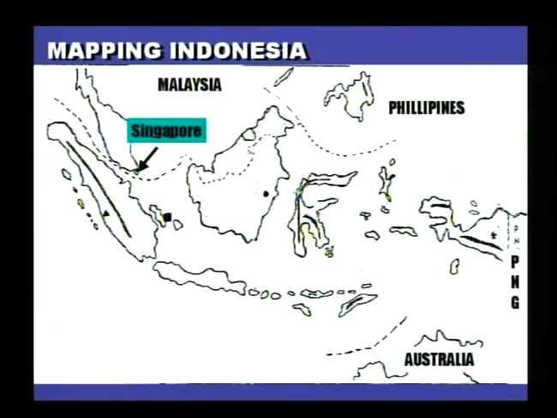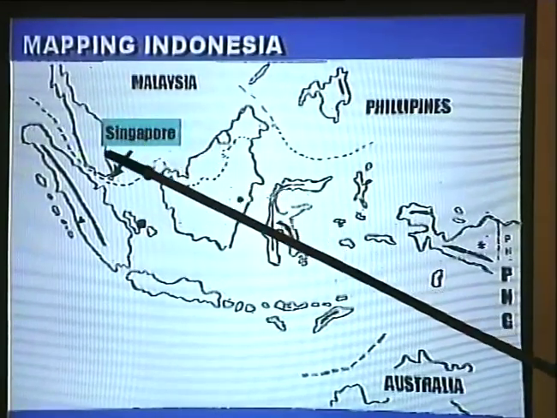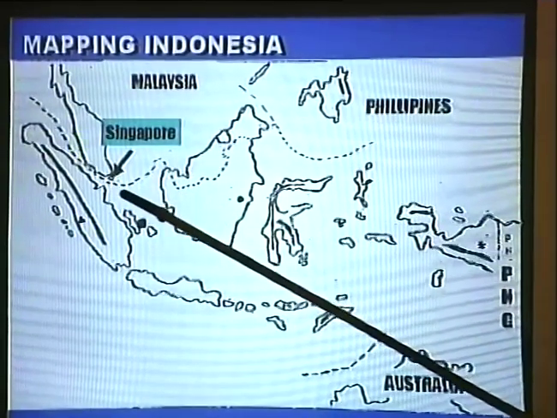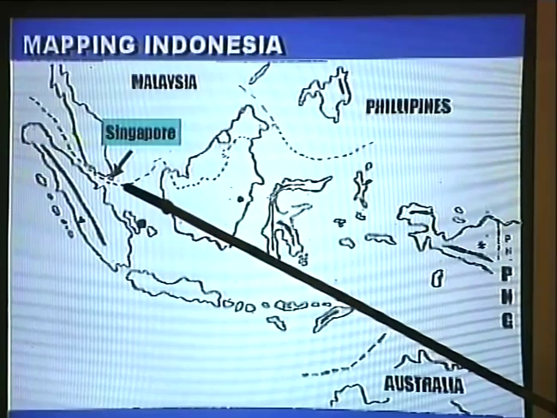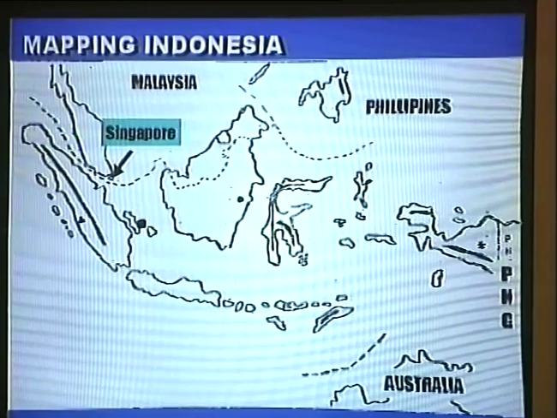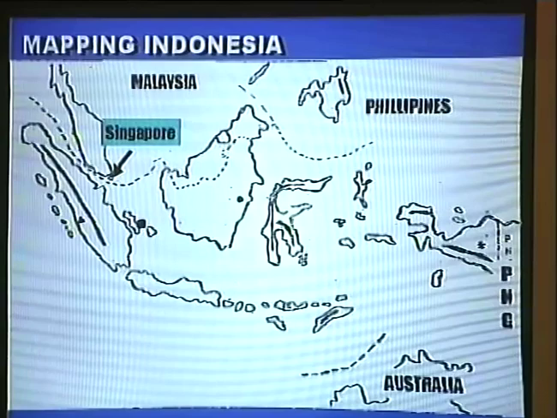Okay, and finally, Singapore. The country Singapore is located here. It's at the most southern tip of the Malaysian peninsula. It's a small island here, at the southern tip of the country Malaysia. Also indicate that accurately. Okay, we double check and make your corrections.